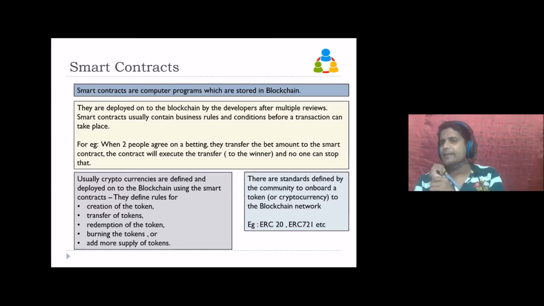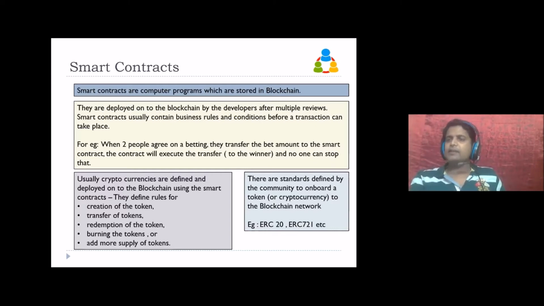All those conditions can be written and finally the smart contract can automatically publish the result. Nobody is going to manipulate the result. Everything is software controlled. Nobody can tamper with the data. That is one of the benefits of a blockchain smart contract.